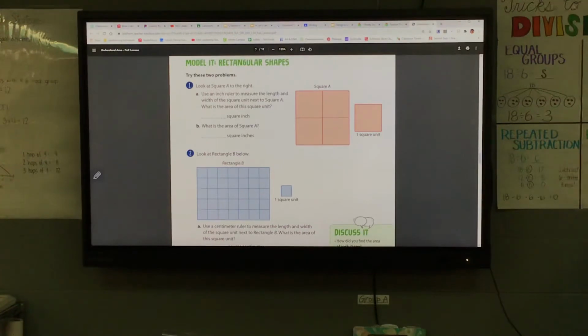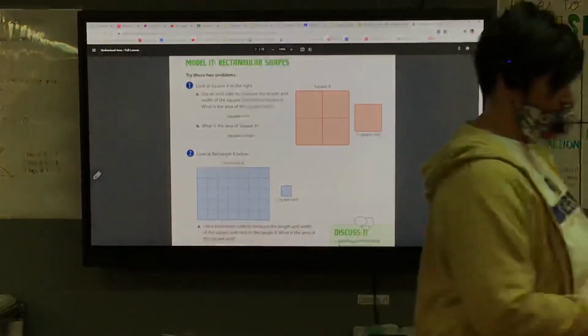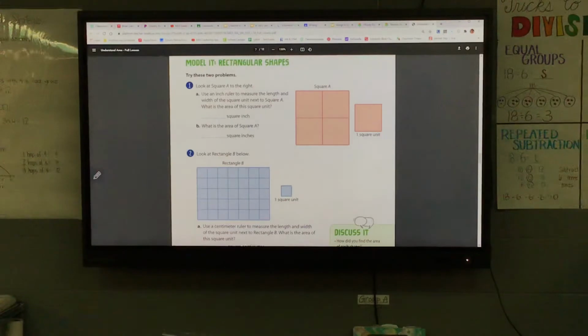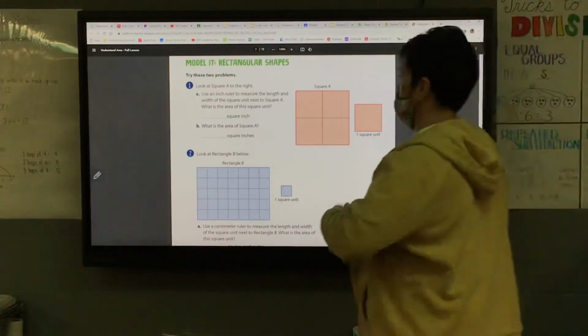Well, I didn't put them on there because I have a classroom set of them. What do we have, 7 here today? Noah, if you don't have a ruler at home, let me know. I can send one home to you.